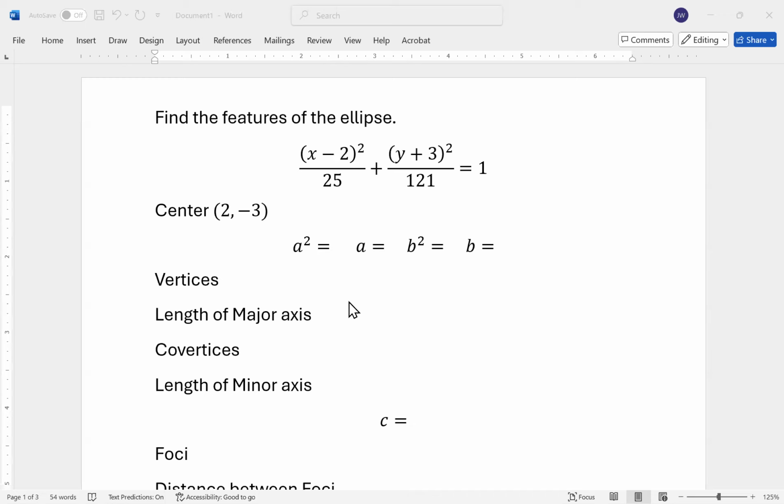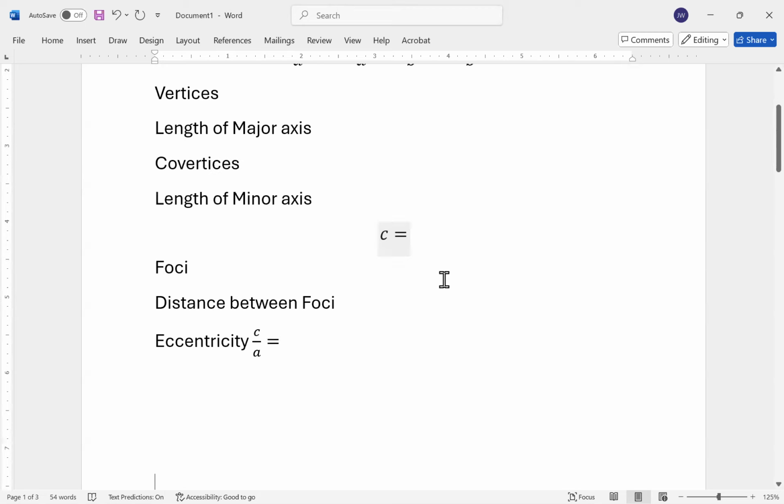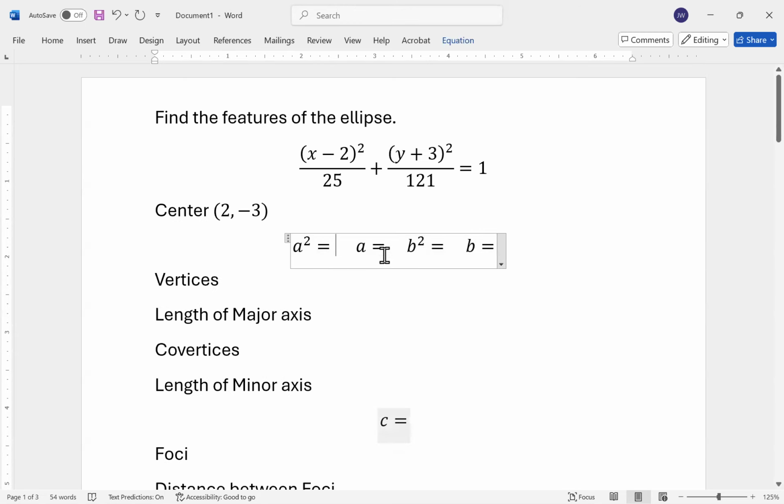You can look back and figure out what the features of the ellipse are. I'm not going to do that right now because we've done this so many times. Notice that here, we'd start out by finding if the ellipse was stretched out more in the x direction or the y direction.